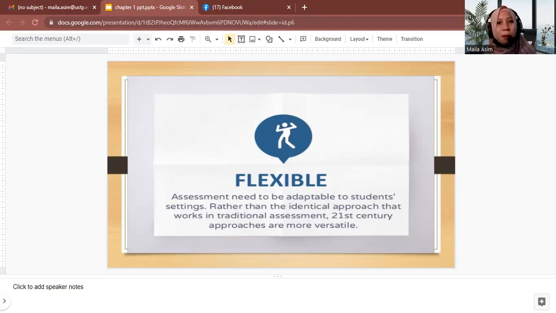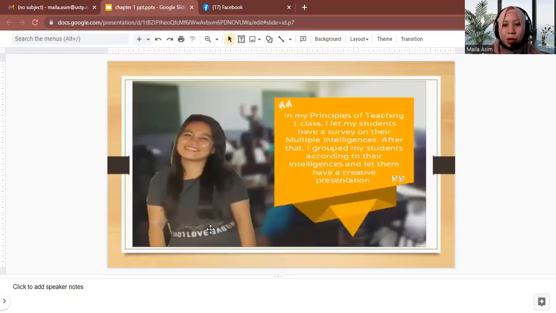Dili ra kay ang teachers dapat ang flexible, but also ang ato ang assessment ang flexible. Okay, na teacher dire. In my Principles of Teaching 1 class, I let my students have a survey on their multiple intelligences. After that, I grouped my students according to their intelligences and let them have a creative presentation. So this is a good example, no?